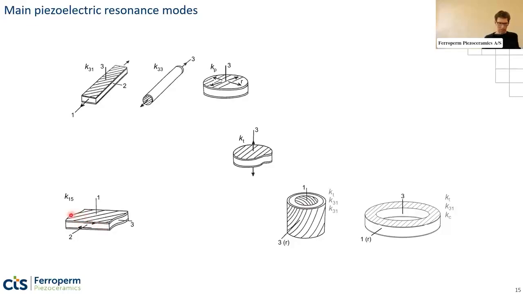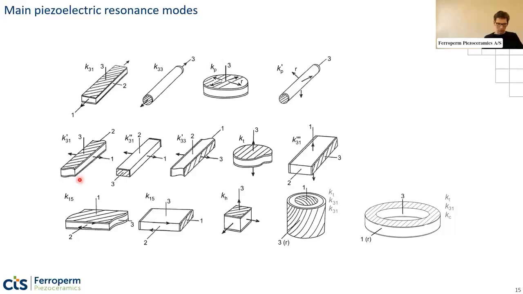It should be noticed that now the electrodes are not in the same direction as the poling axis. The material was poled using electrodes here and here, and then you remove those electrodes and apply new electrodes in order to exploit this shear mode. There are other resonances as well, but we will not go into the details with those now.